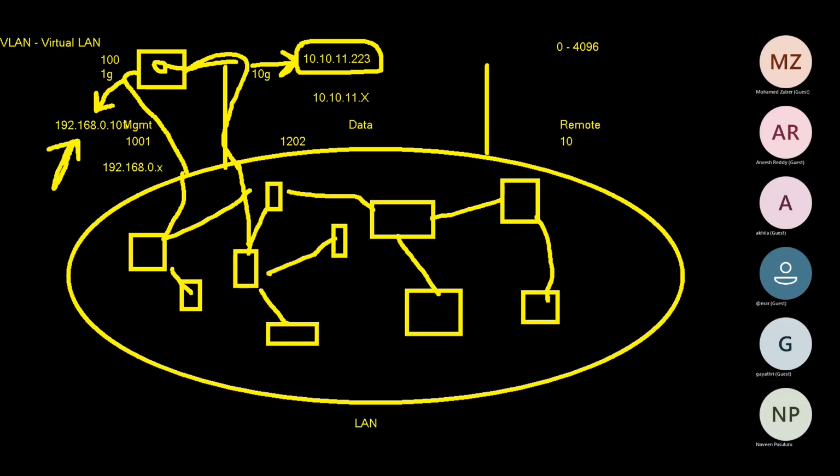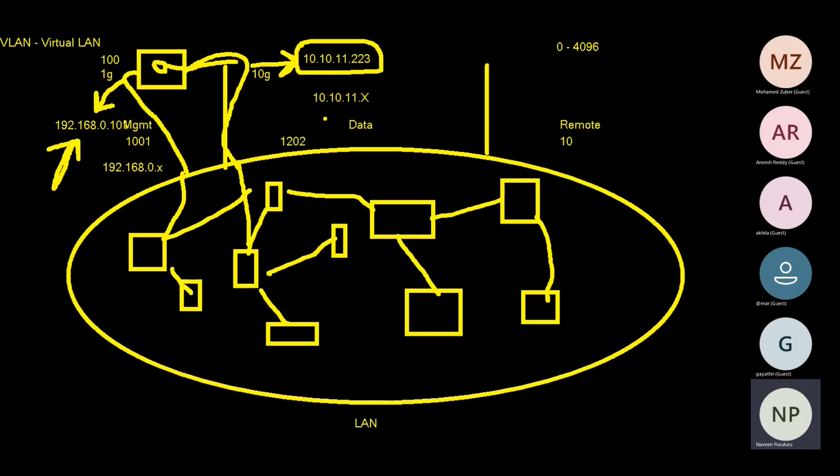Here I don't want to mix up management traffic and data traffic. That is the reason I'll divide my LAN into virtual LANs, so that management traffic and data traffic are separated and will not collide with each other.